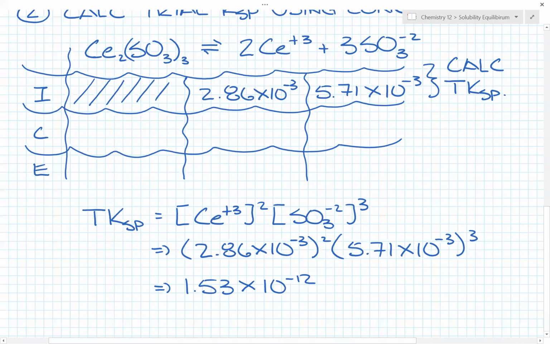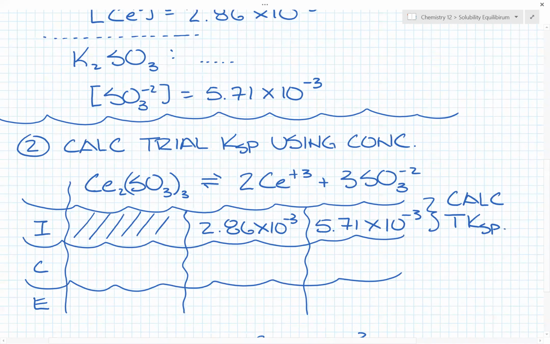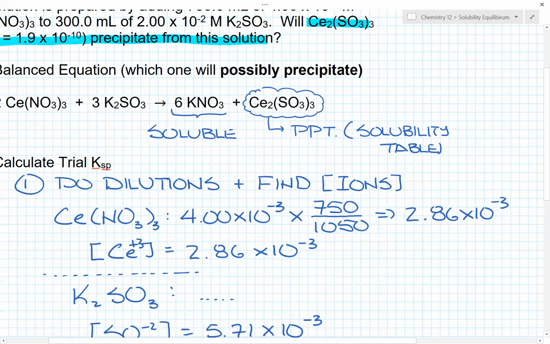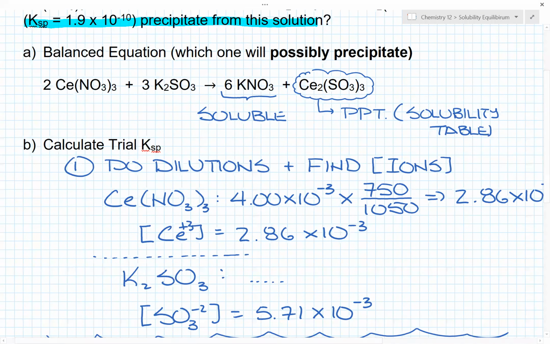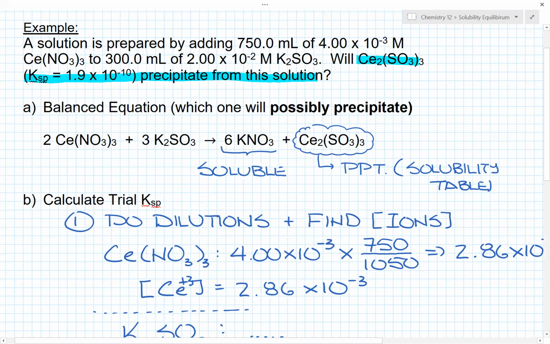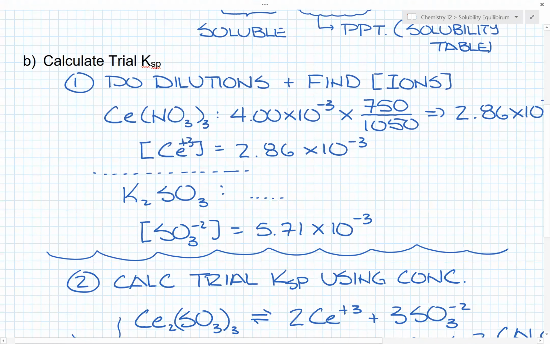Now, what we found in this case is, notice, going back to the original question, my KSP is 1.9 times 10 to the negative 10.